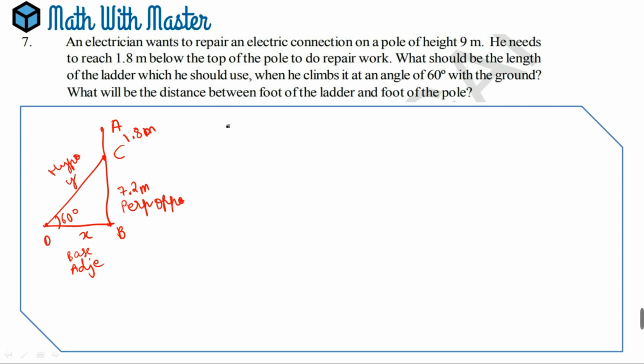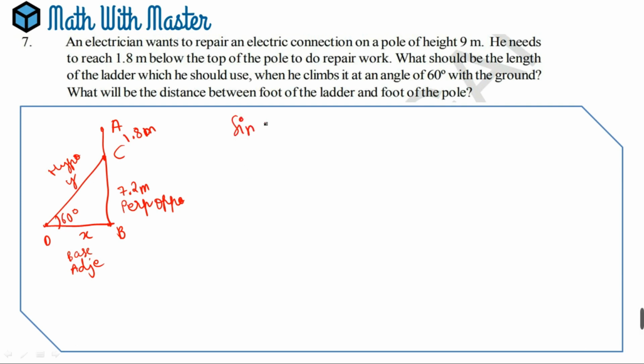So we know the value of perpendicular and we have to find the value of hypotenuse. So we can use sine theta or cosec theta, because sine theta is perpendicular upon hypotenuse and cosec theta is hypotenuse upon perpendicular.